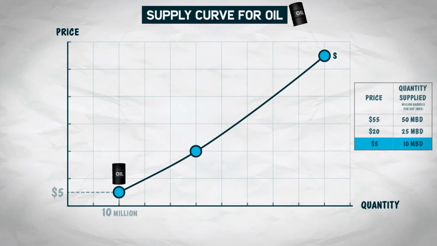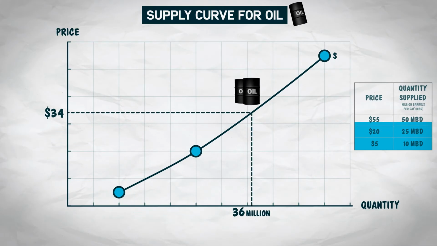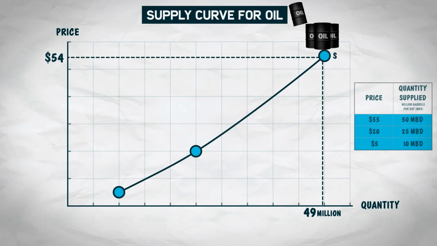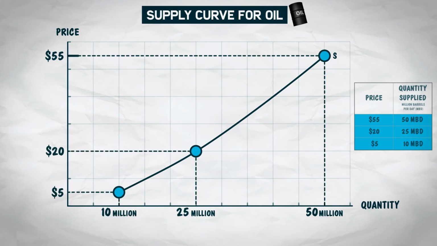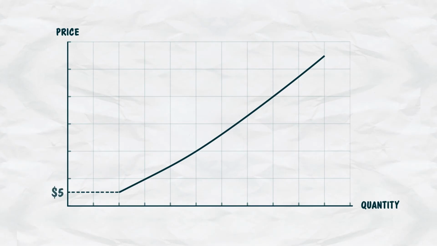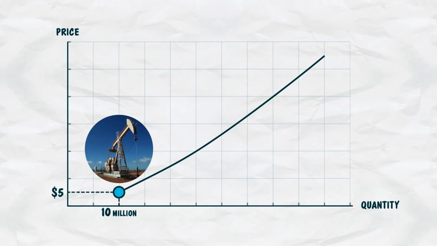Notice that the supply curve for oil slopes upwards. That's because it costs more to produce more oil. So suppliers must be paid a higher price. When the price of oil is low, only the least costly oil is profitable to produce.